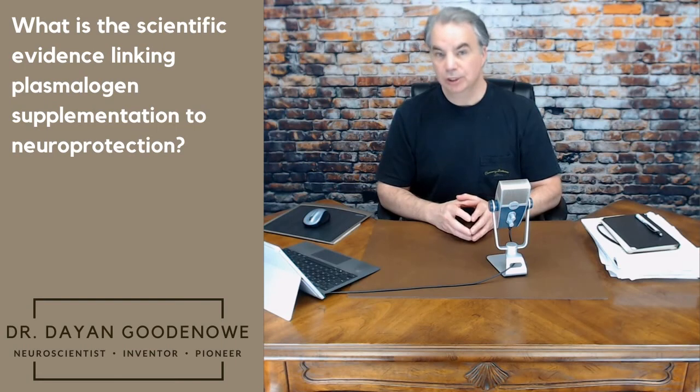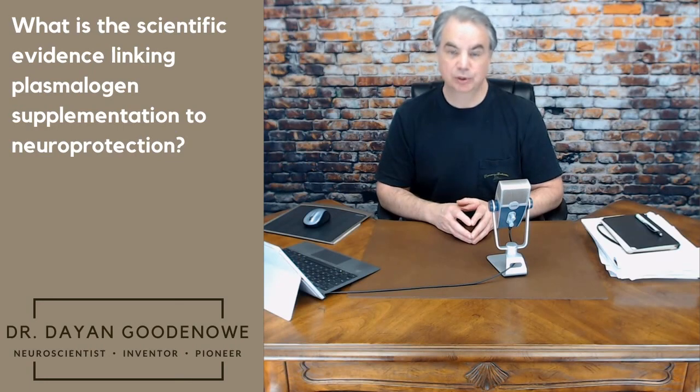So not only do plasmalogen precursors have neuroprotection, so if we can create this plasmalogen reserve, we can prevent animals from getting neurodegeneration, but even after neurodegeneration has happened, increasing the levels of plasmalogens can improve neurological function.